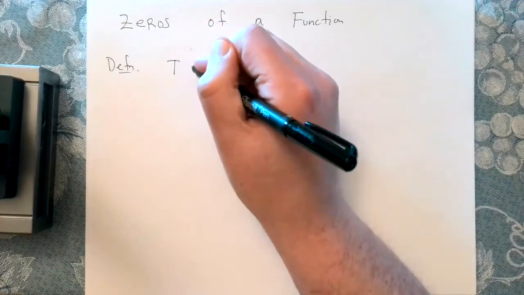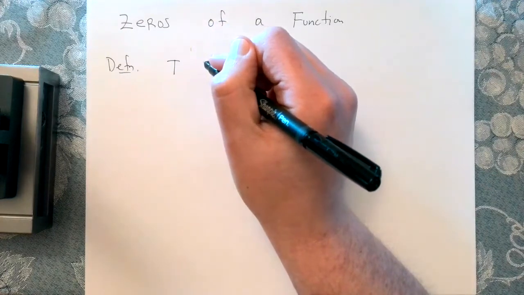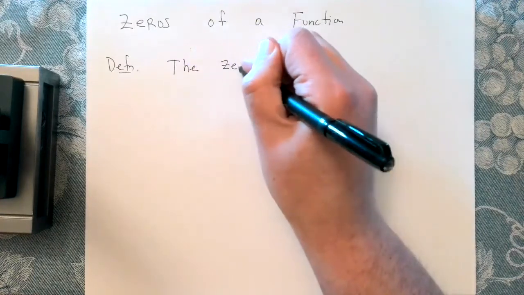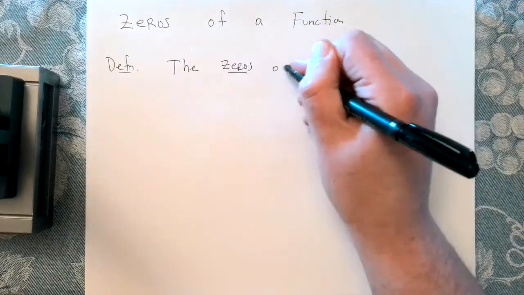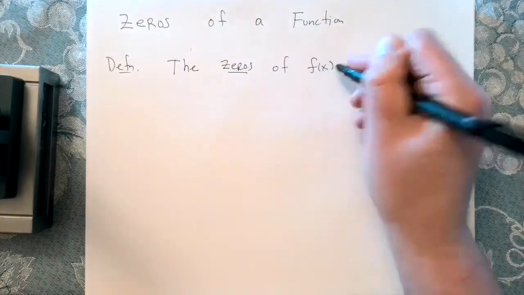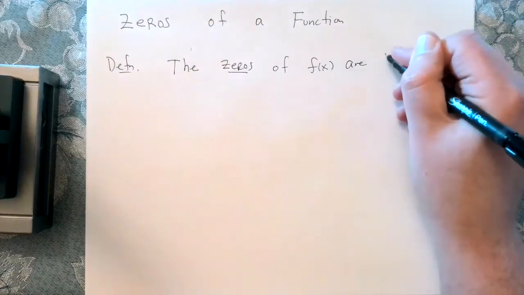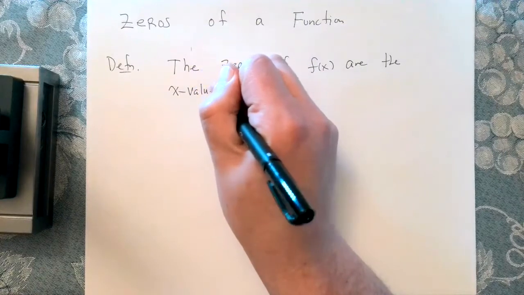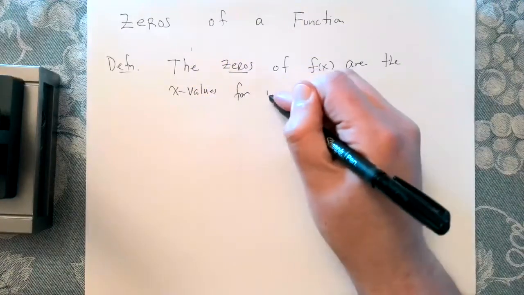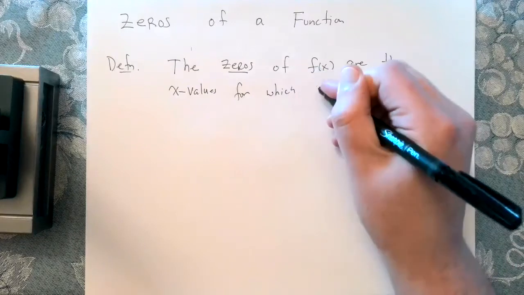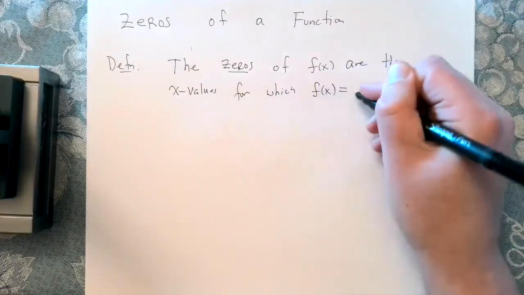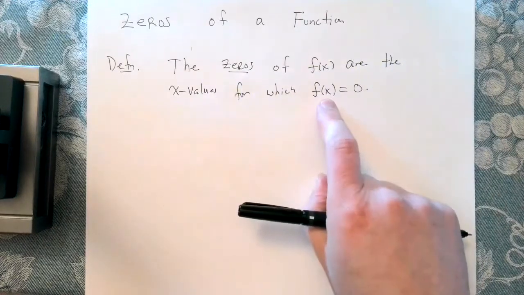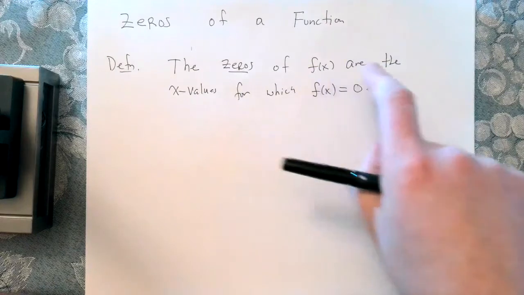So the zeros of f of x are the x values for which f of x equals 0. So this is a big idea in math. So the zeros are all the values, all the x's that the function sends to 0.